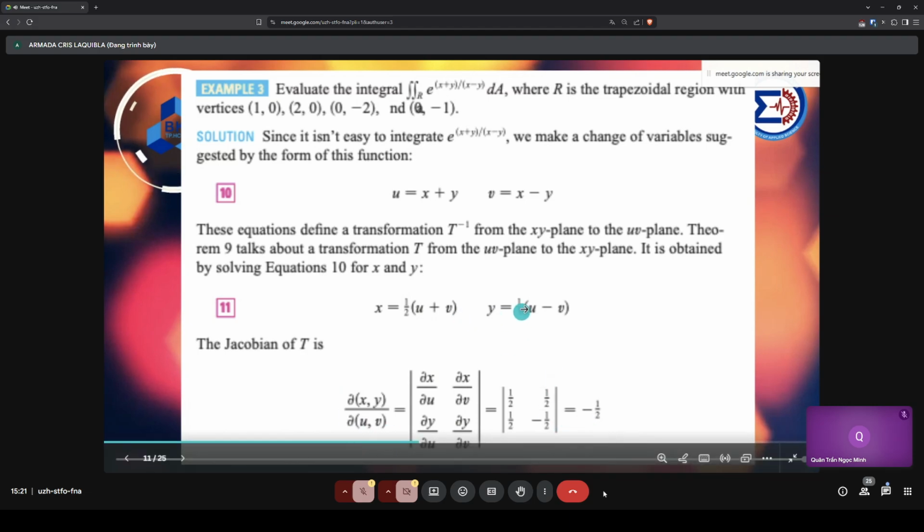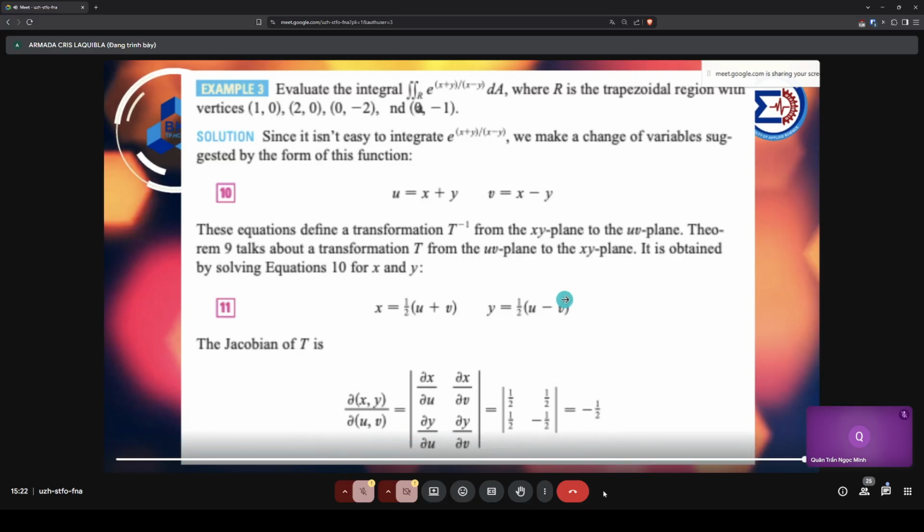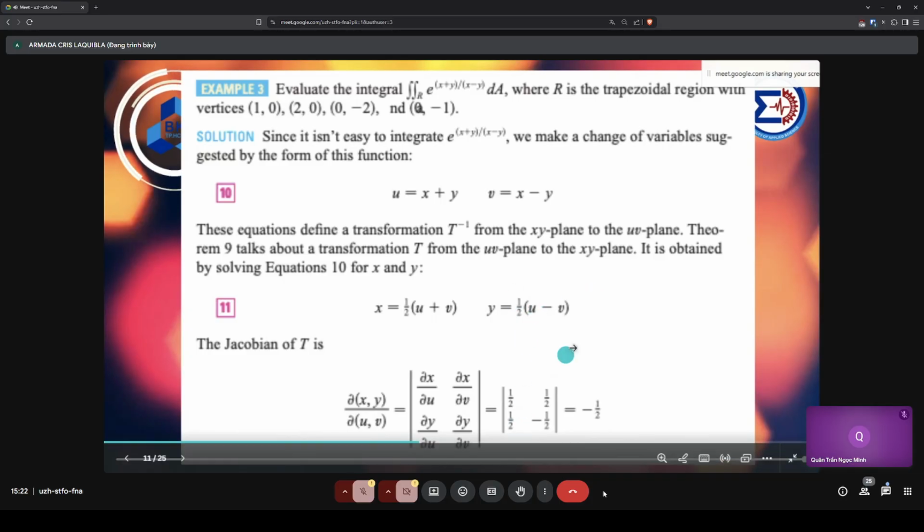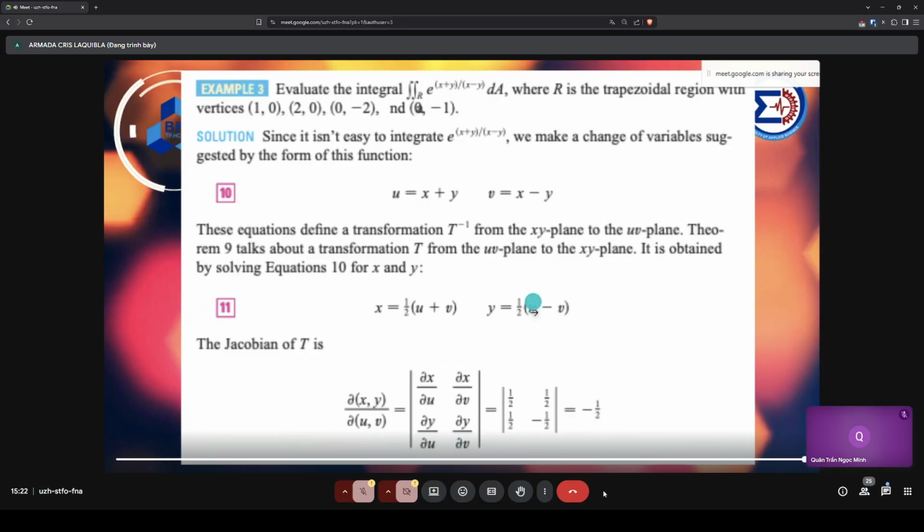Next, for your y with respect to u. So minus v here is considered 0 because derivative of that is 0. So we have there 1/2 u. Derivative with respect to u is 1/2. Next, partial of y over partial of v. So u here becomes 0 because the derivative of this is 0.